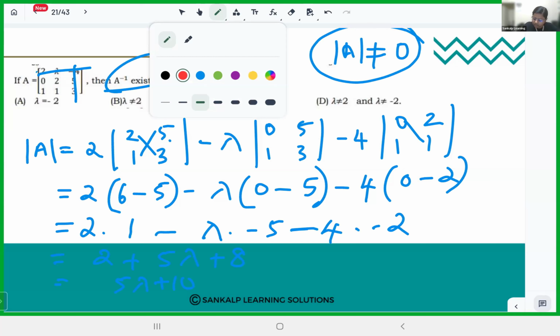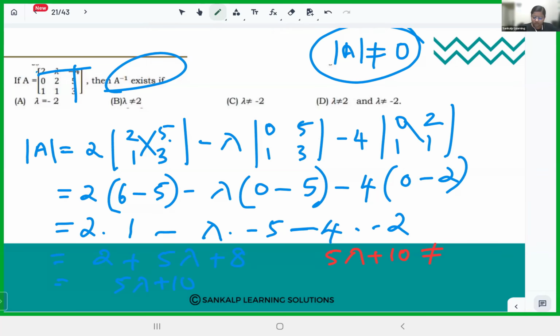The value of minus 10 by 5 is minus 2, right? So lambda should not be equal to minus 2. So which option is right? Option C is right. Okay.